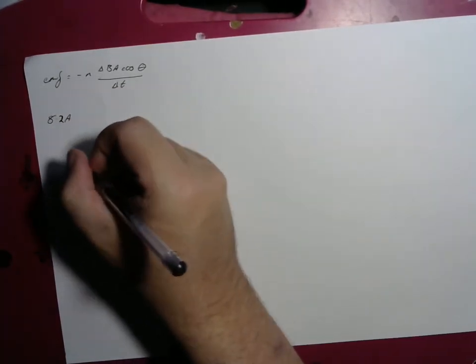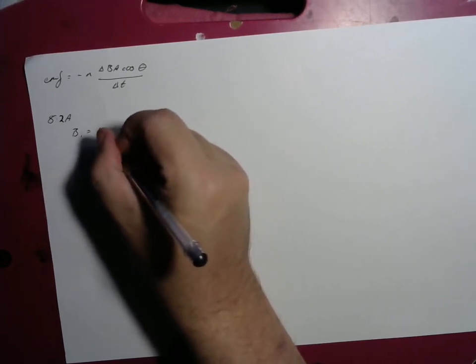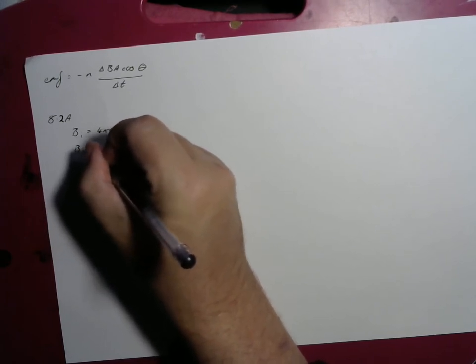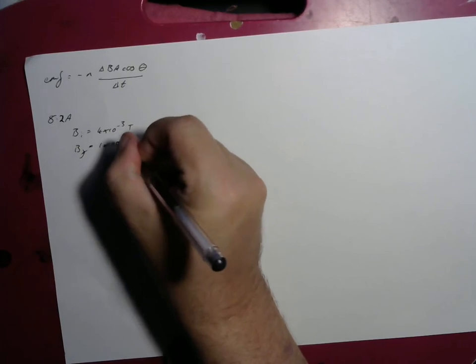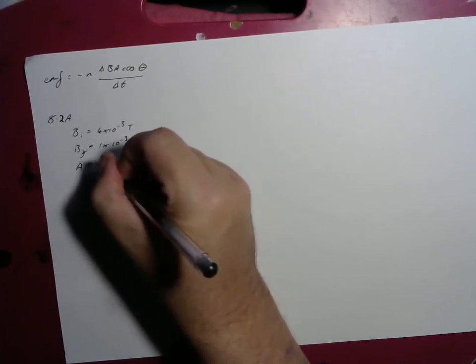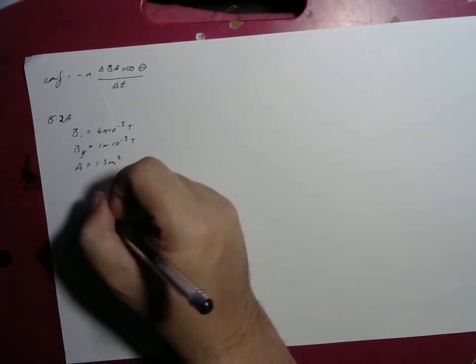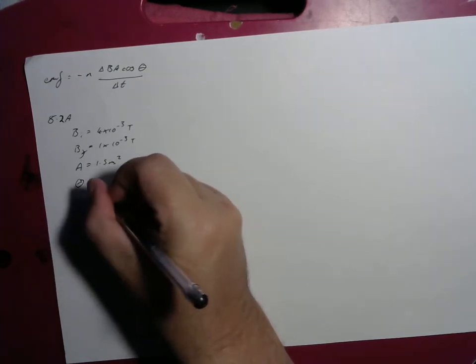8.2a. So we are told that our B initial equals 4 millitesla, 4 times 10 to the negative 3 Tesla, and our B final equals 1 times 10 to the negative 3 Tesla. Our area is just 1.5 meters squared, and our angle, well, we're told right angles to the plane.